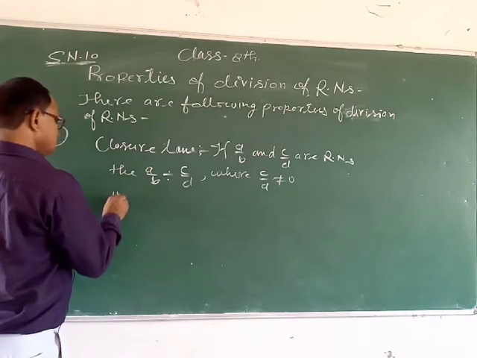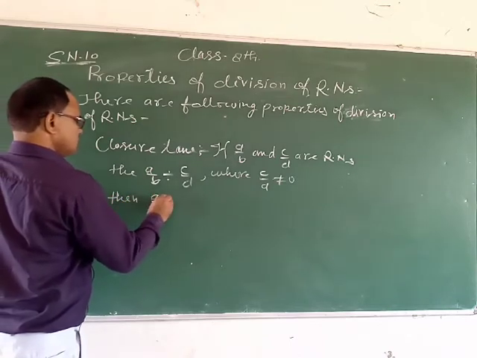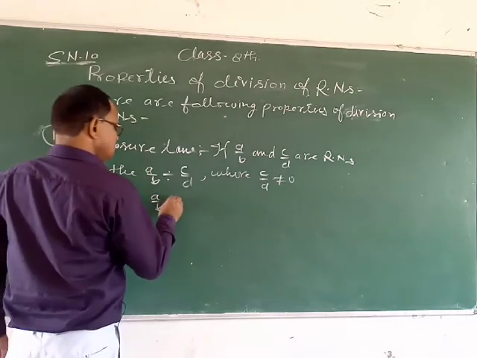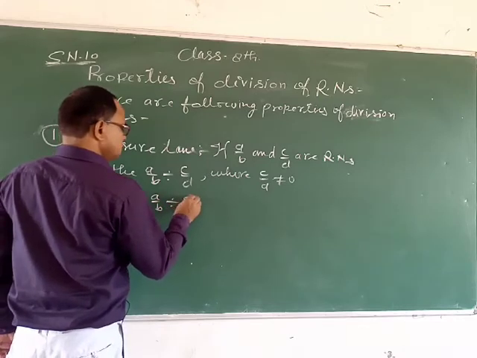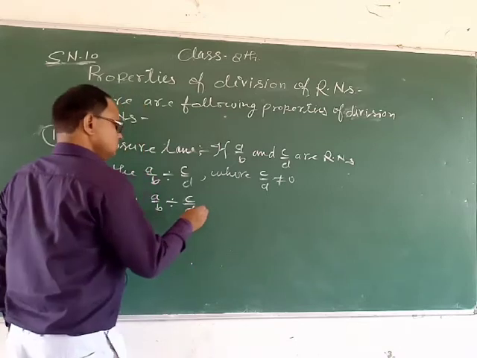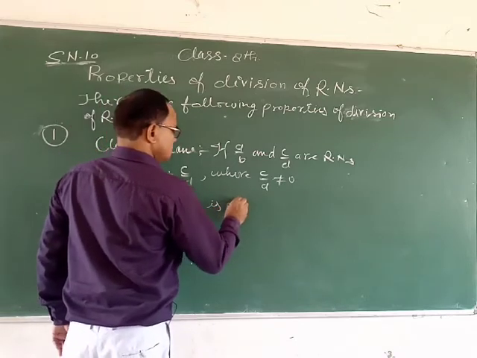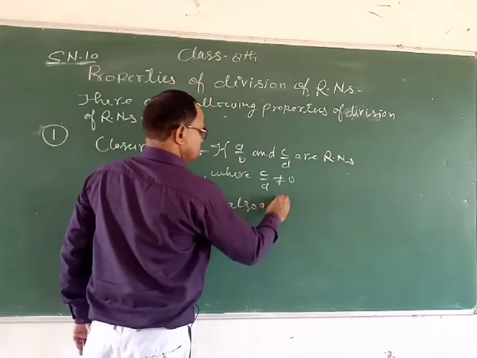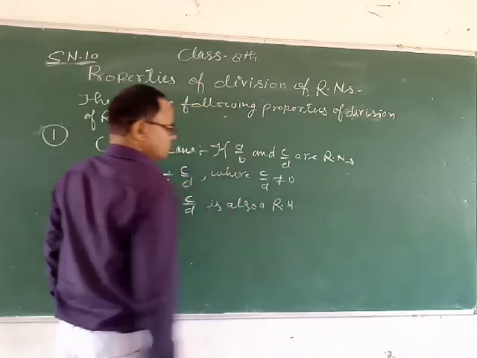Then a/b divided by c/d is also a rational number.